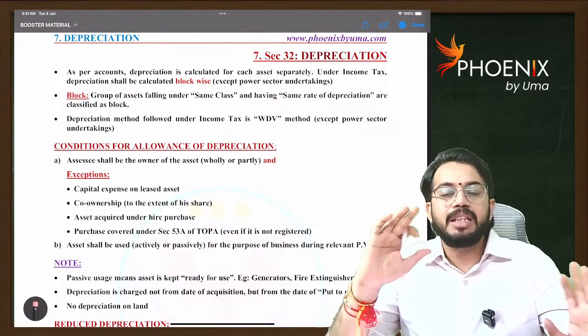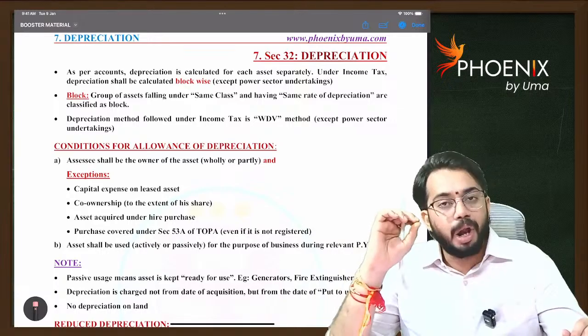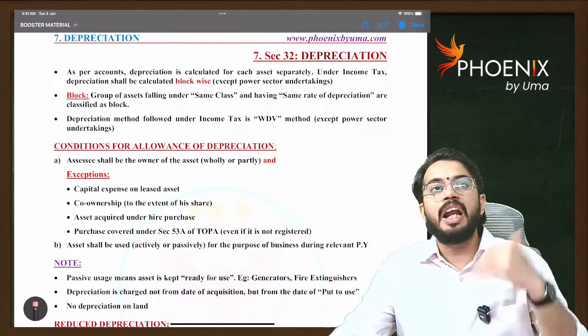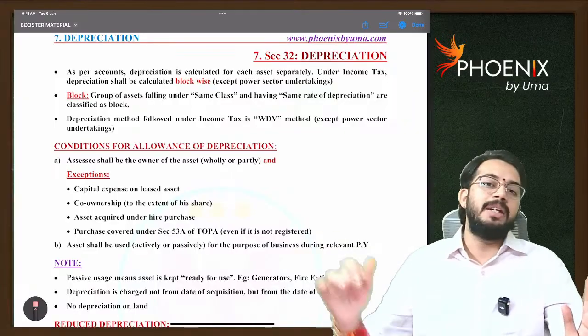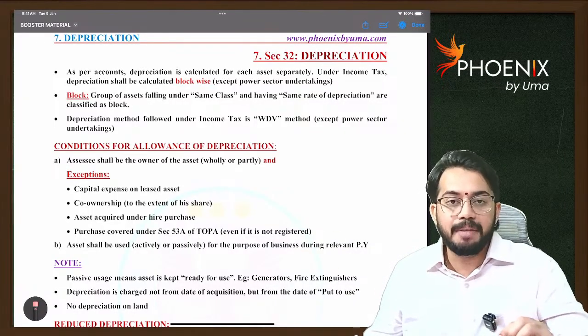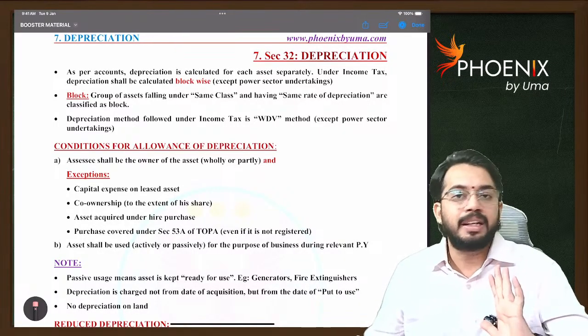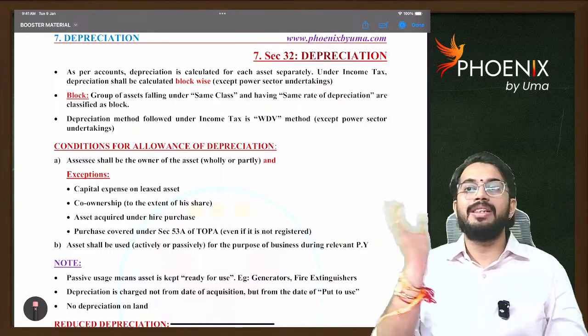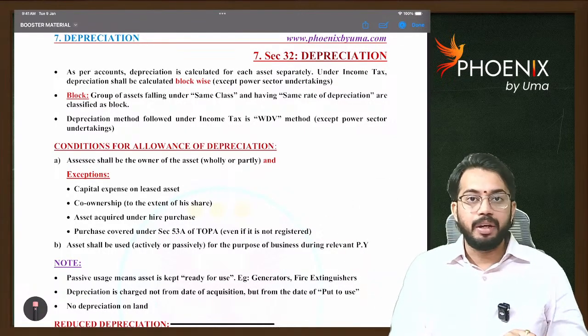So under income tax, we calculate depreciation block wise. We do not calculate depreciation for each asset individually. Under accounts, there are various methods to calculate depreciation: SLM, WDV, machine hours method. But under income tax, there is only one method, which is the written down value method, except in case of power sector undertakings. Power sector undertakings have an option: either they can follow SLM or they can follow WDV.